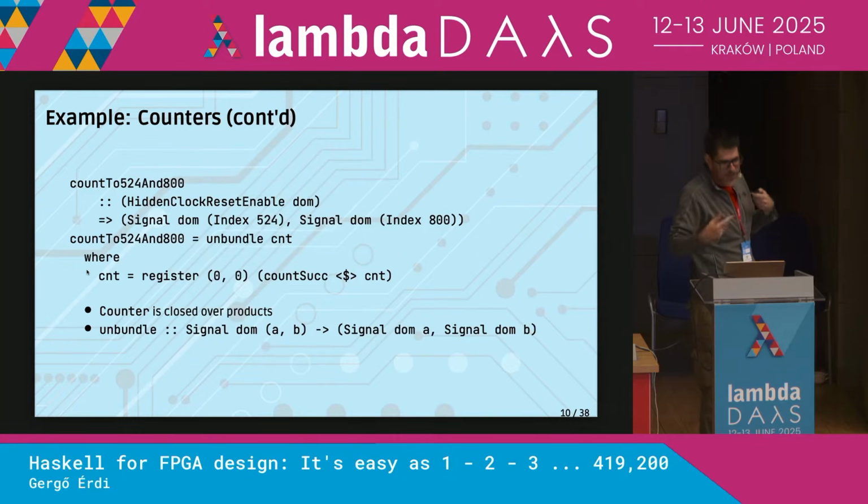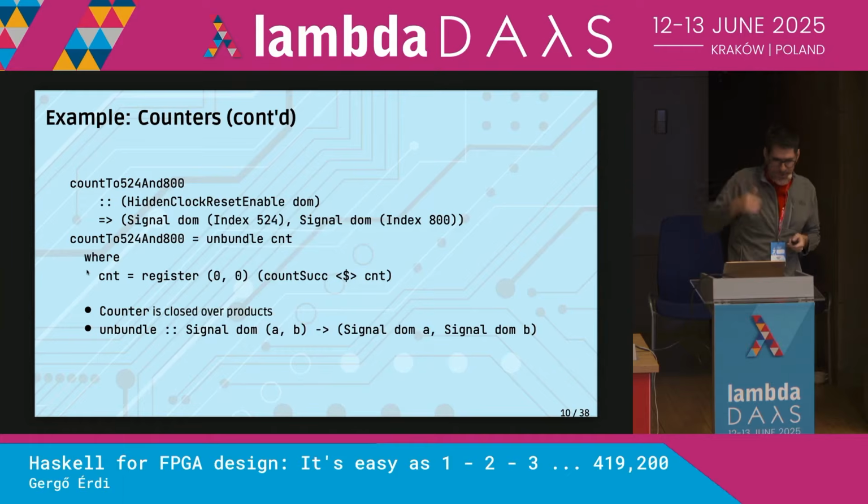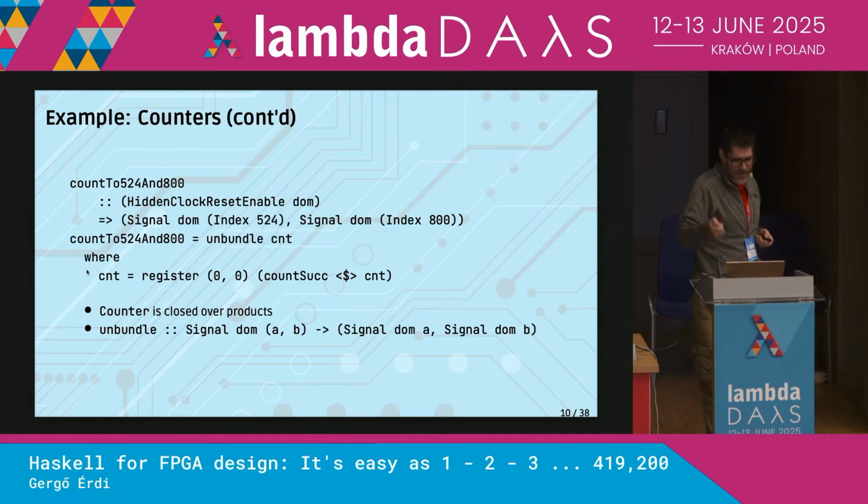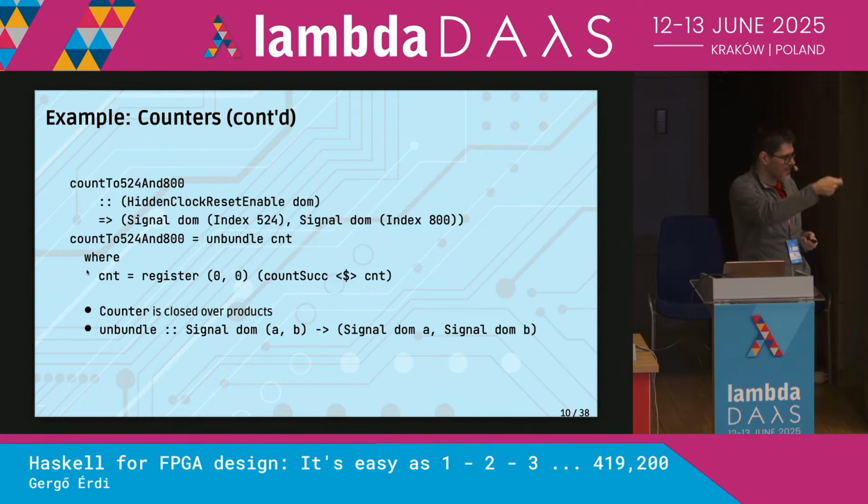So, okay, what if we want to do something a bit more complicated? What if we want to count to 524 and 800? This is where it comes into play that since the Counter type class can detect overflow, it can be closed over products. So if you want a pair of two indices, when you increment it, if the last one overflows, then you increment the first one by 1.